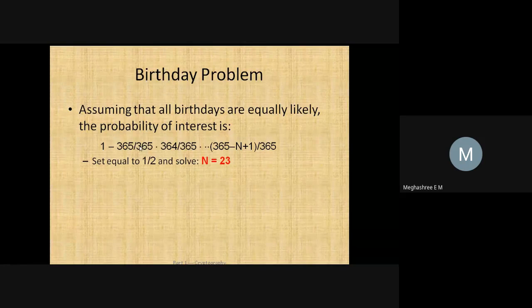And multiply this with the person whose birthday will be on the other 364 days, that is 364 divided by 365, till the last person, that is 365 minus n plus 1 divided by 365. And I'm equating this series to 1 divided by 2. After solving this, you will end up with n equal to 23.